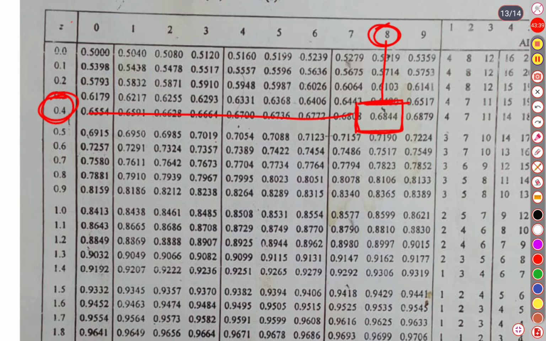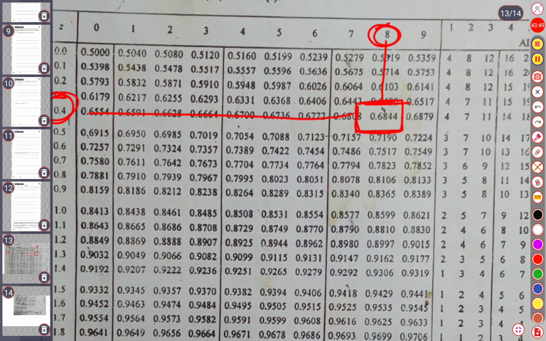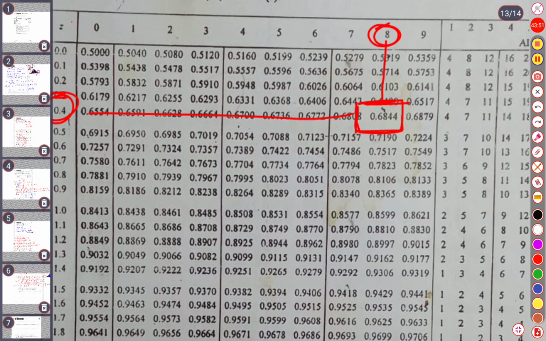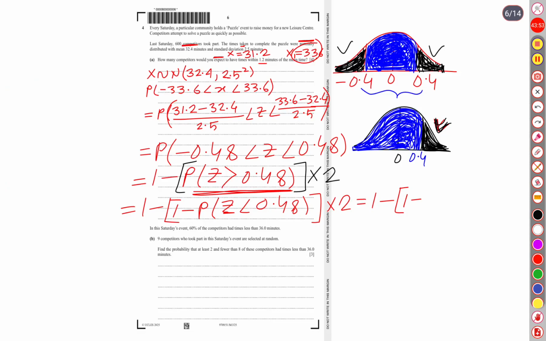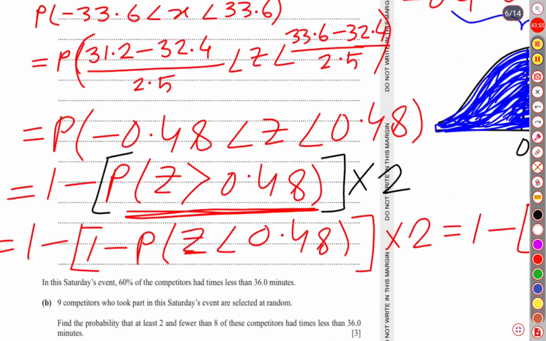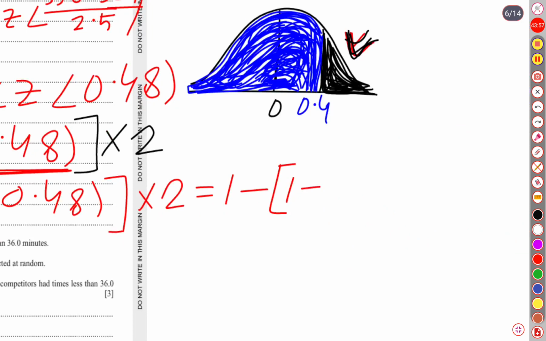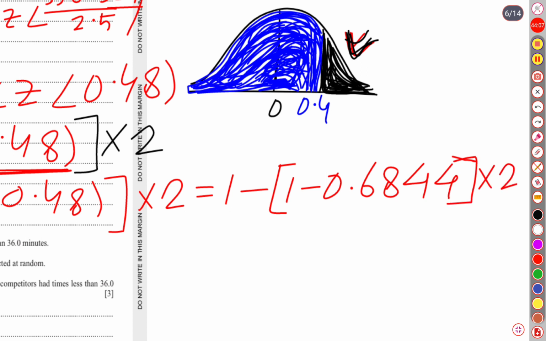So for 0.48, the corresponding probability is 0.6844. Let us substitute this value, 0.6844, and as usual the multiplication by 2.